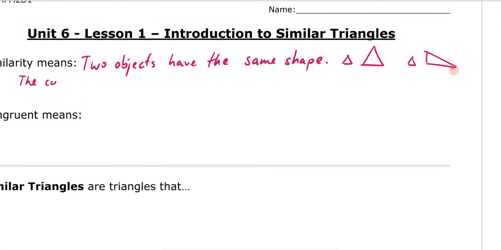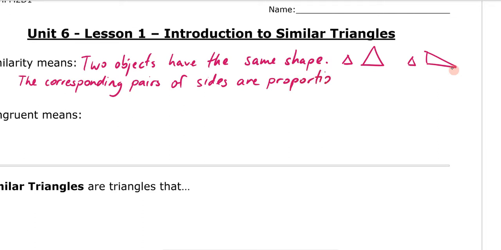the corresponding pairs of sides are proportional and corresponding angles are the same.